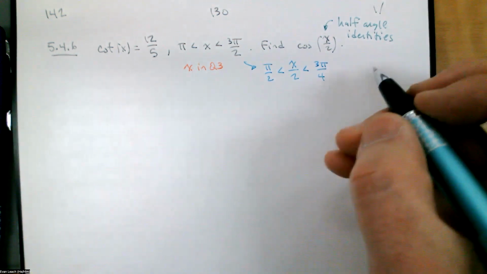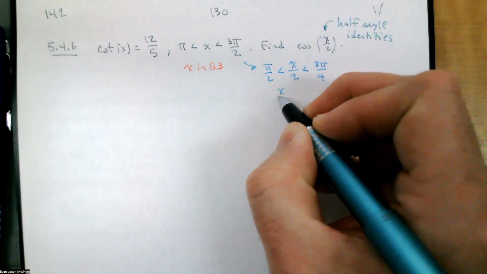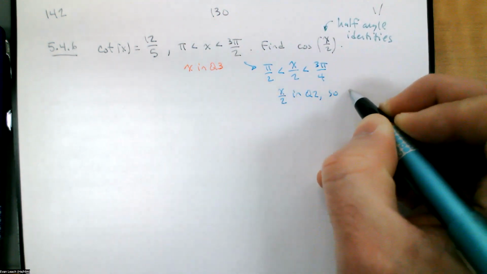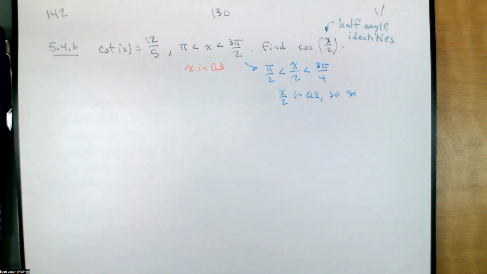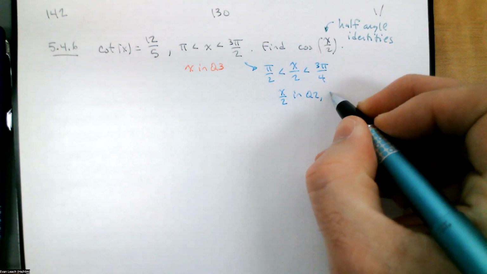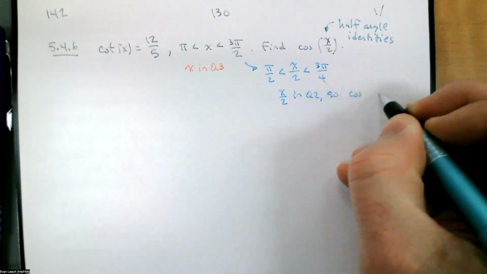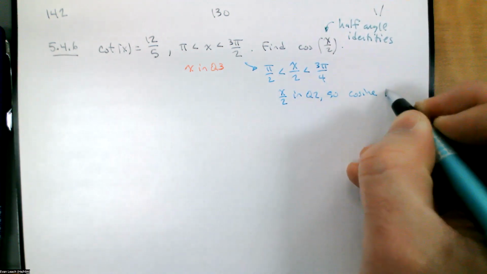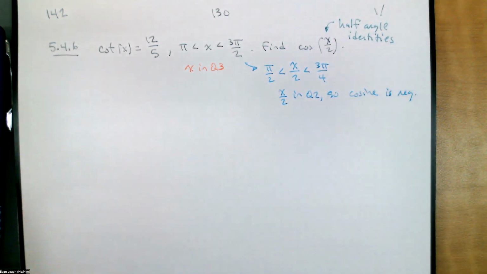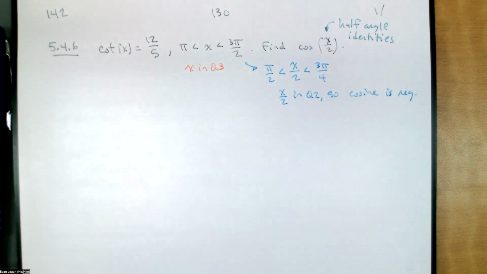So we can see that x over 2 is in quadrant 2. So cosine is negative. So these are just some things that we observe before we start getting into any of the calculations.